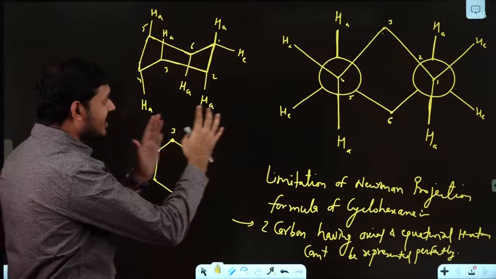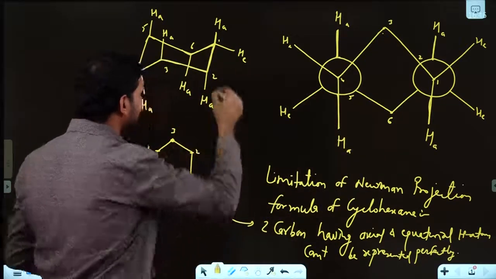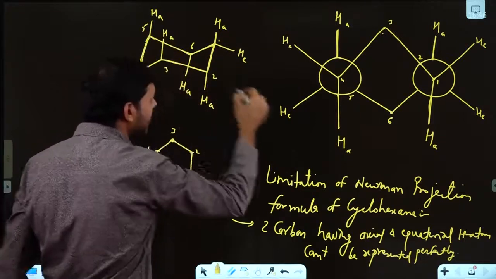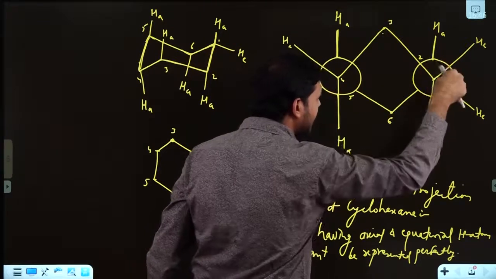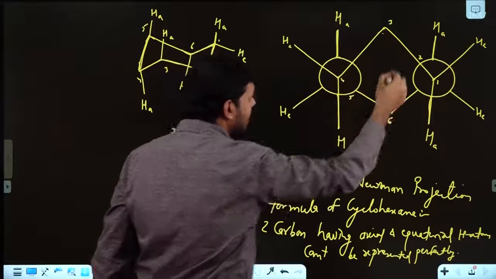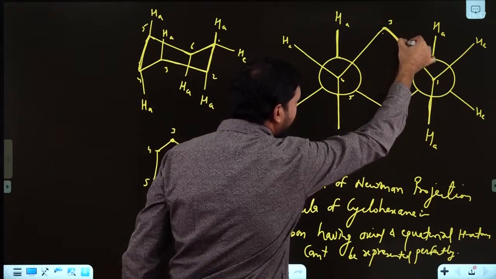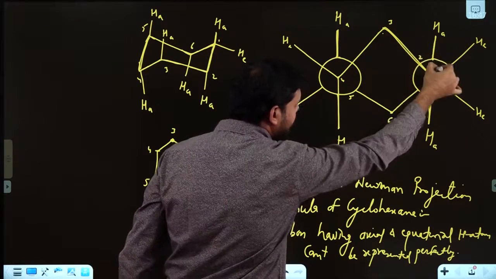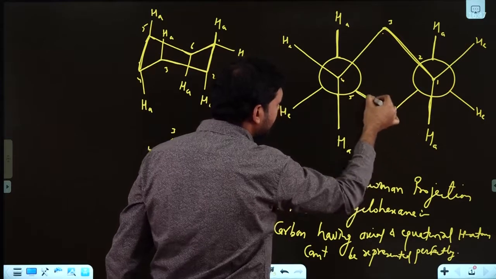Again, if you observe this Newman and this chair, it is exactly the same. See, this bond and this bond are parallel to each other, front back. Similarly, this bond of carbon 1 and carbon 2, front back, this bond and this bond, they both are parallel to each other. If you take C1, C3, this bond and this bond are both parallel to each other.